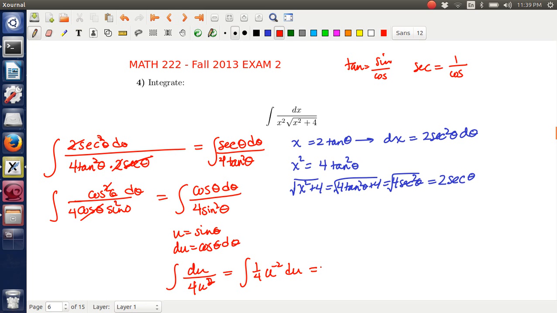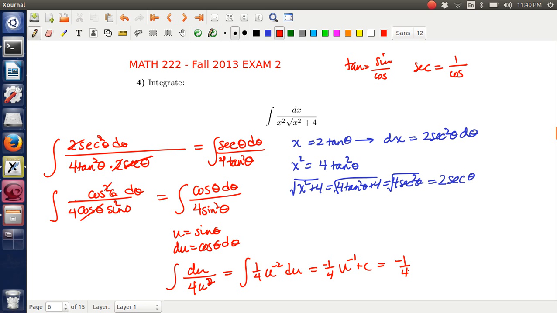And how do we integrate that? Well, we're going to increase the power and divide by the new power. Let's double check. If we go this way and take the derivative, do we get back to 1/4 u to the negative 2? Yep, we do. All right, so we're happy with that. And we could add the plus c right now if we want. We're not really done.